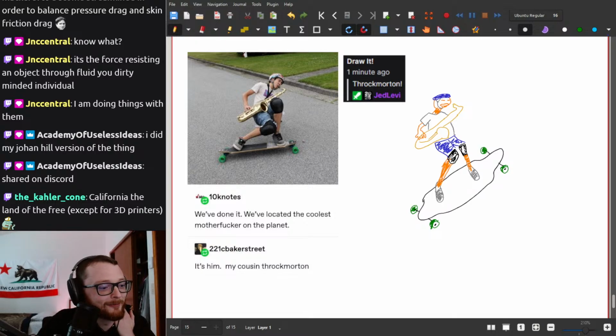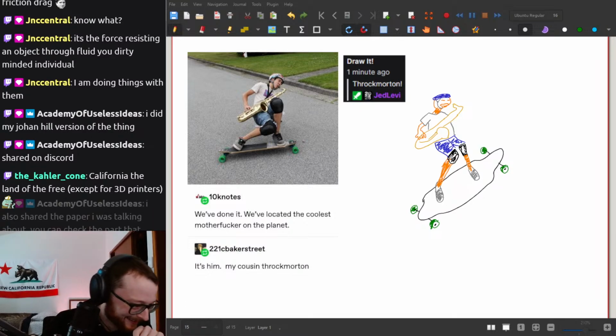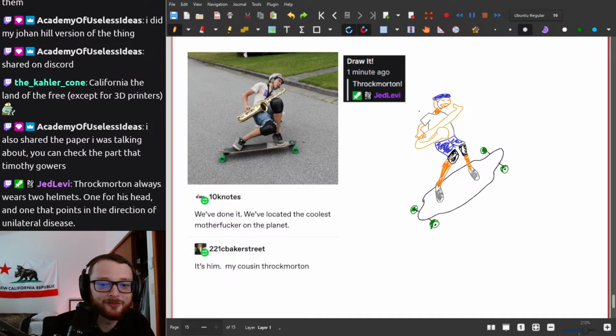We're the land of the free, except for 3D printers. The Jonah Hill version of the thing. Okay, yeah, I won't show that on stream. But yeah, Slim did draw the Jonah Hill in Superbad version of Throckmorton, which is, instead of a person here, just imagine a dick.